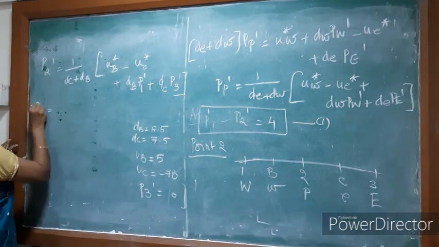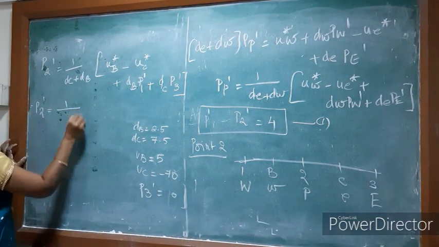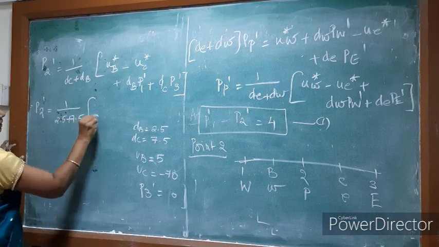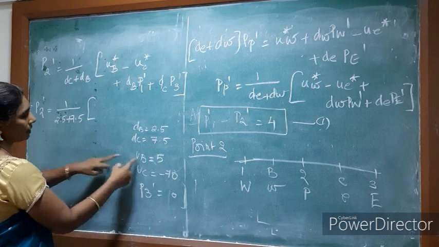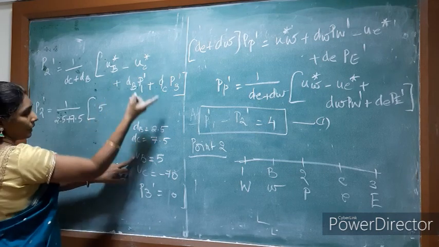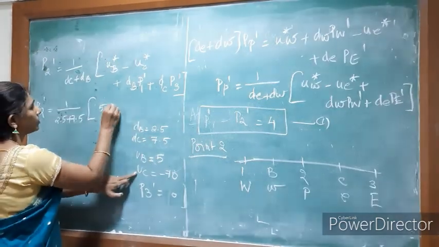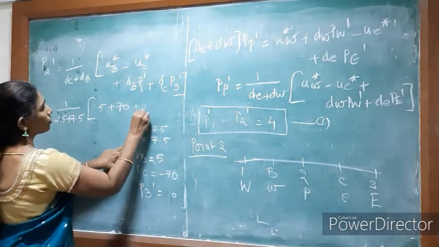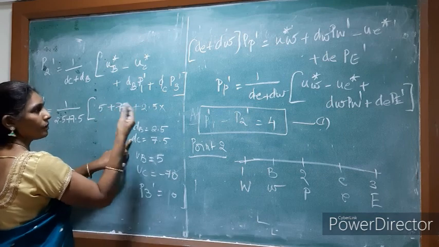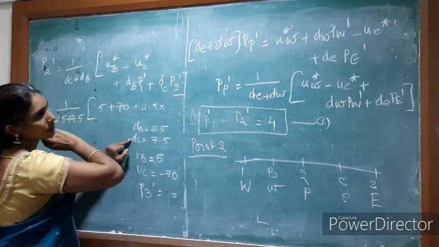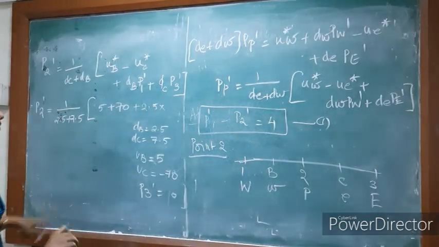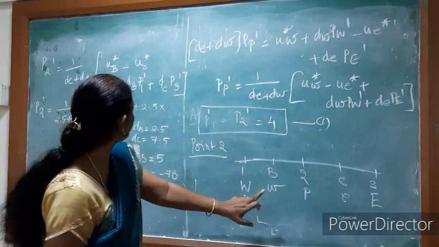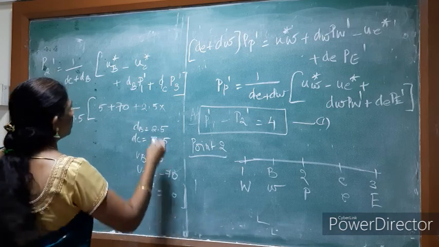So now 1 by DC, so it is 2.5 plus 7.5, UB star, it's 5, minus of minus 70, so it's going to be plus 70, plus dB is 2.5 into P1 dash, we do not know. Is it really P1 dash? P1 dash, yes.